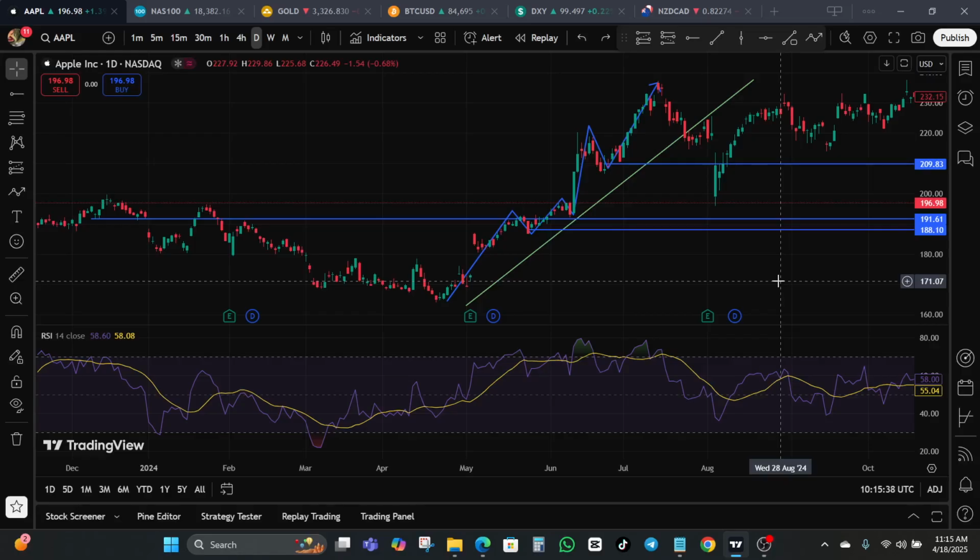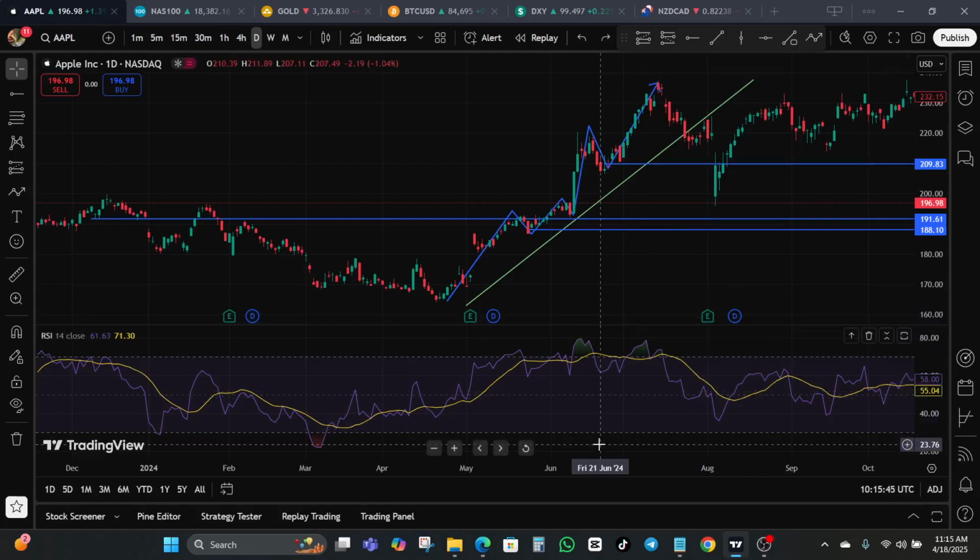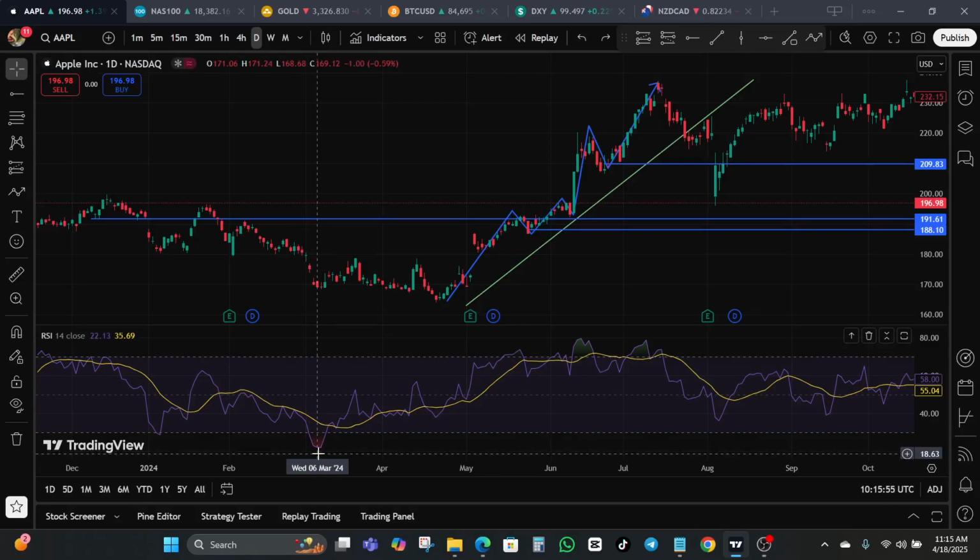This oscillator helps you determine whether a stock is overbought or oversold, which is key during a pullback. So when the RSI is below 30, the stock is considered oversold, and a pullback may signal that it is ready to reverse direction.